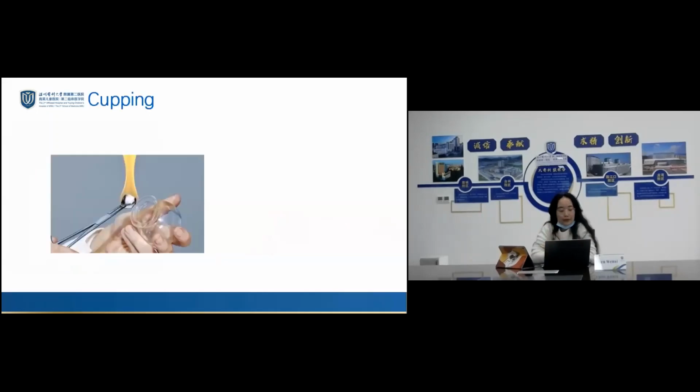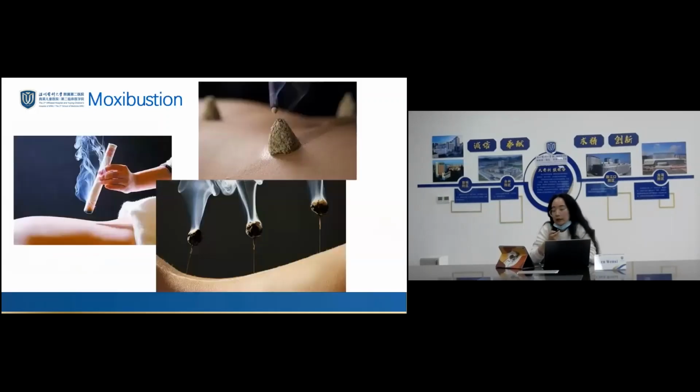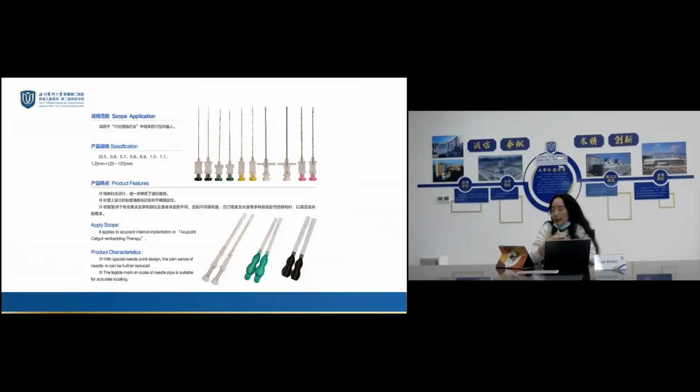And we can also use cupping, which was just introduced by Dr. Chu already. You can also use moxibustion, including all kinds of different ways to use it. Another technique is the embedding needle, a pipe-like needle that is empty inside.